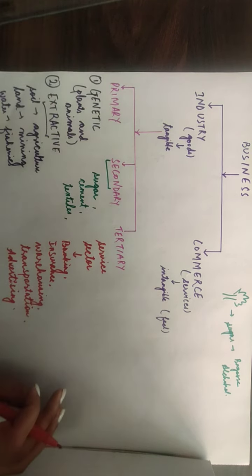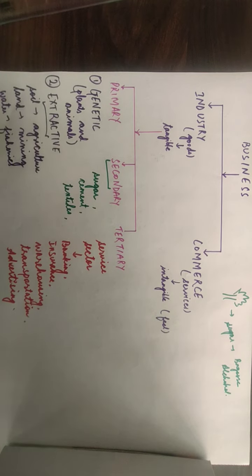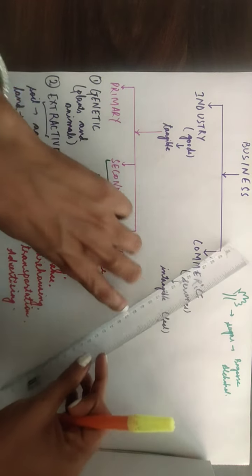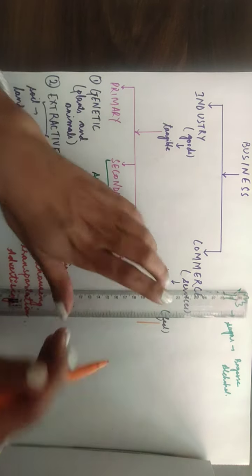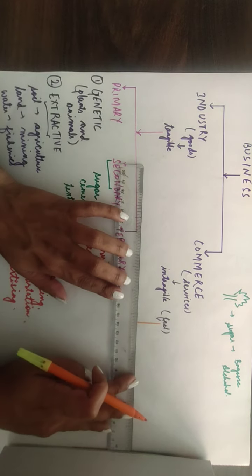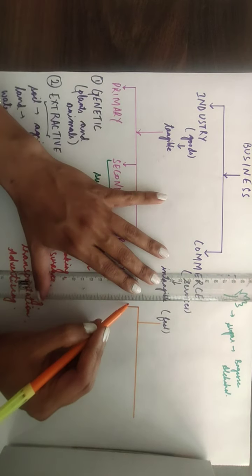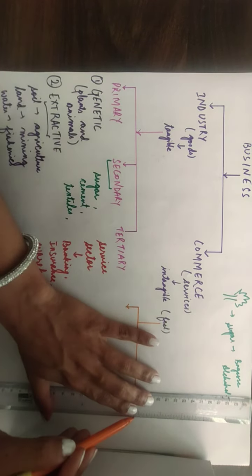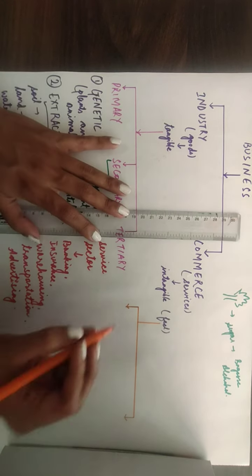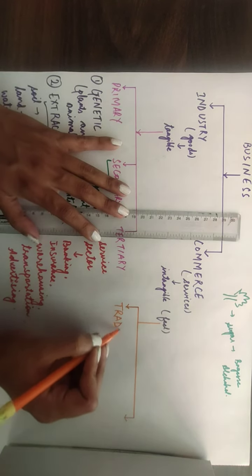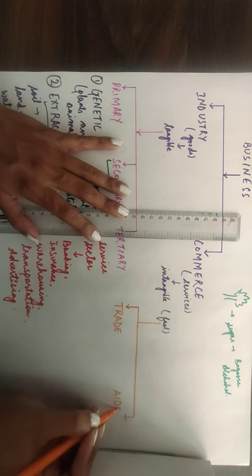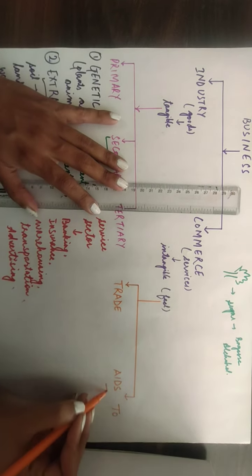Now coming to commerce. Commerce can again be split into two, which is trade and aids to trade. So commerce has its own two branches.